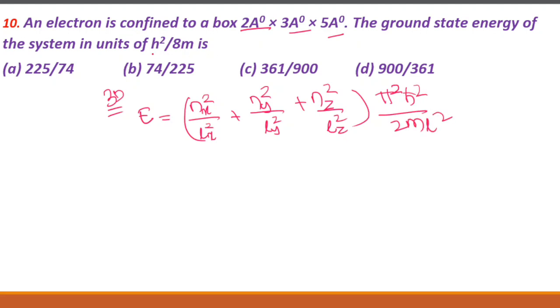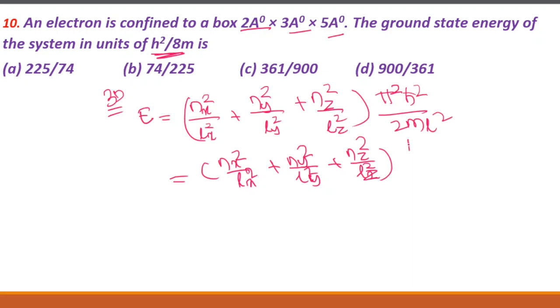Okay, here it is asking for the expression in terms of h square. Okay, so you can write this as (nx square by lx square plus ny square by ly square plus nz square by lz square) times h square by 8m, where h cut equals h by 2 pi.